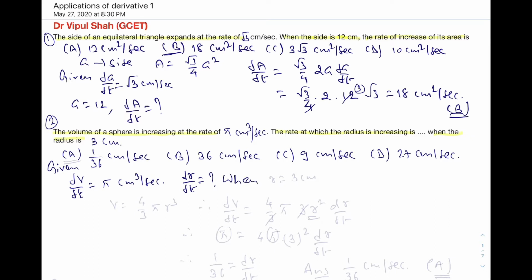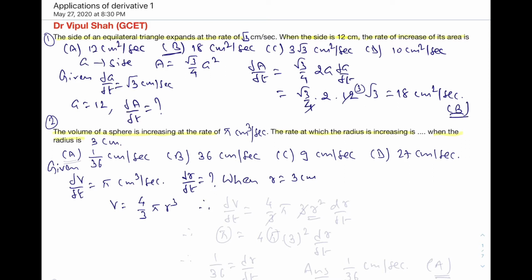So when r equal to 3 centimeter. So here the formula for volume is 4/3 pi r cube.